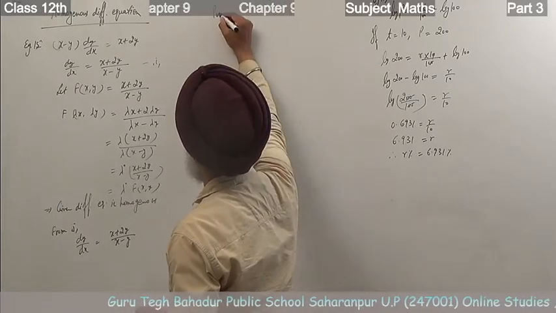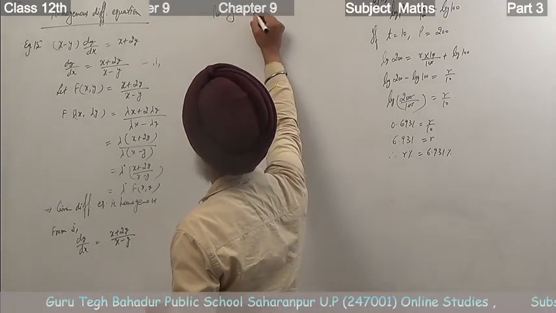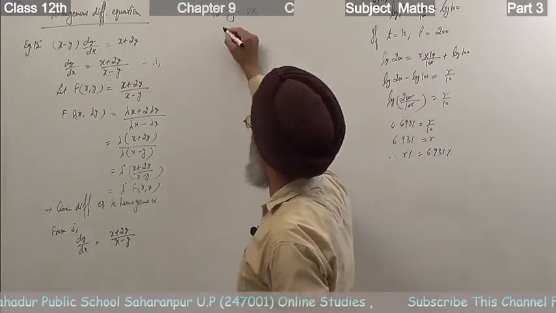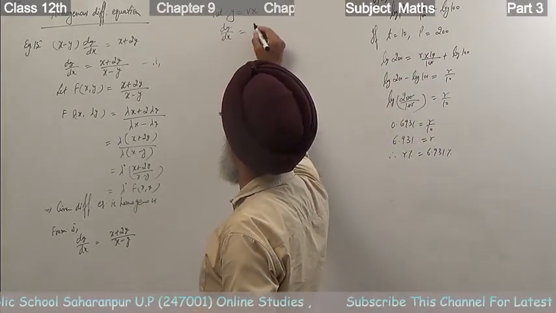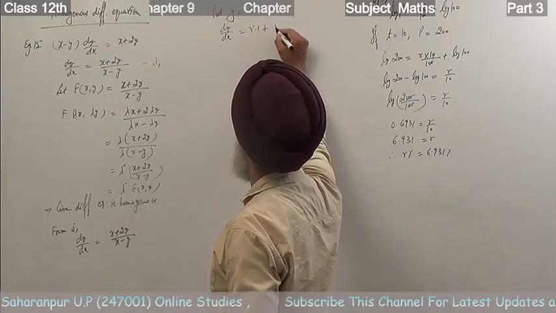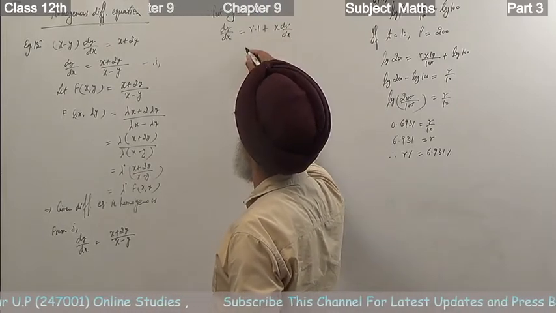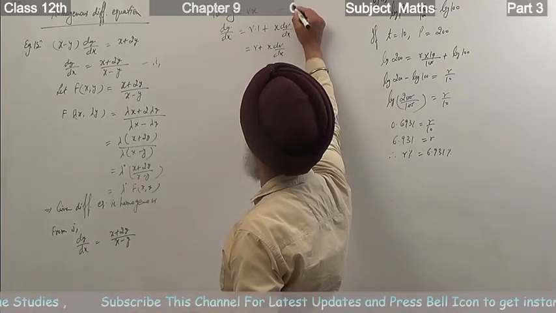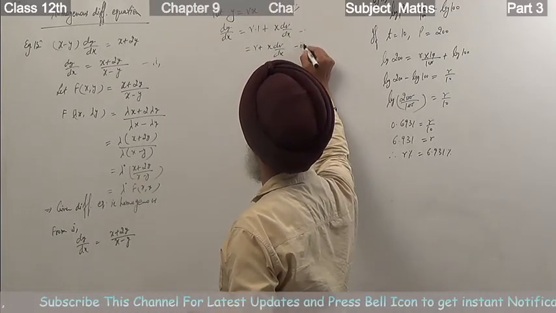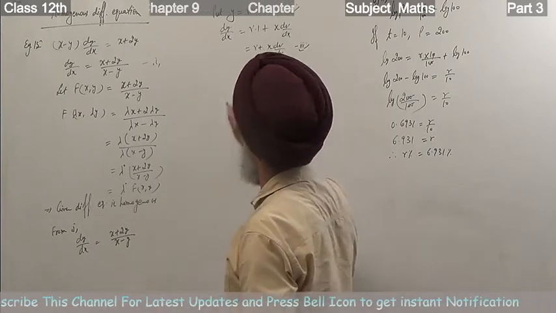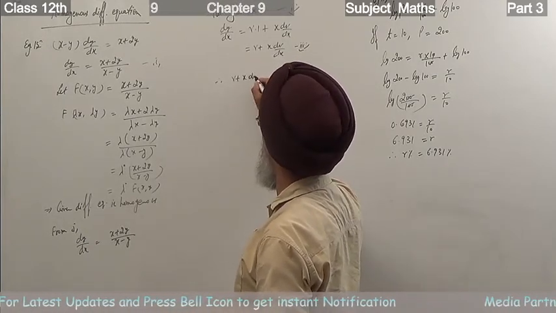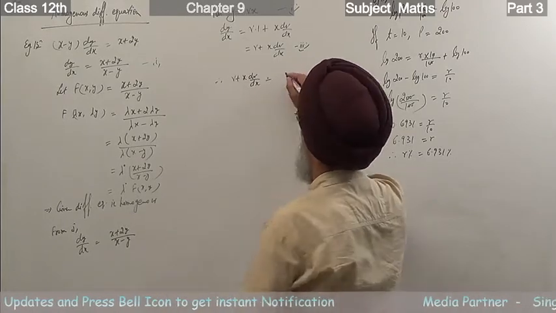We take y is equal to vx, with v being any variable here. So dy/dx, applying the product rule, is v times 1 plus x dv/dx, that is v plus x dv/dx. Now placing these values in this expression, dy/dx becomes v plus x dv/dx.